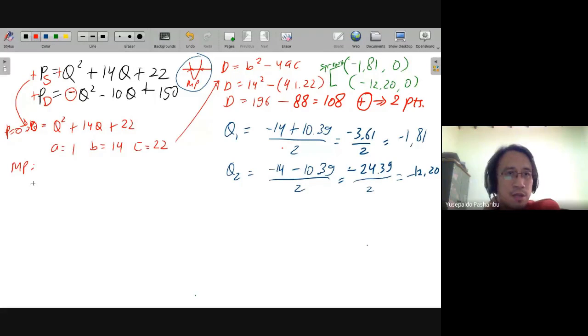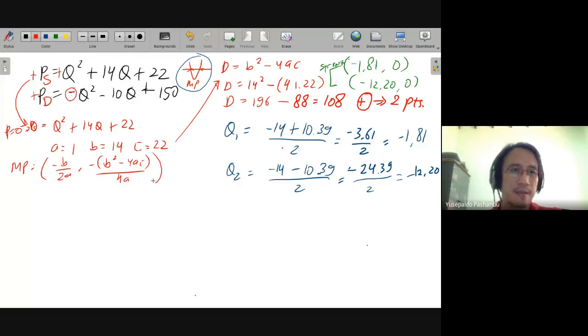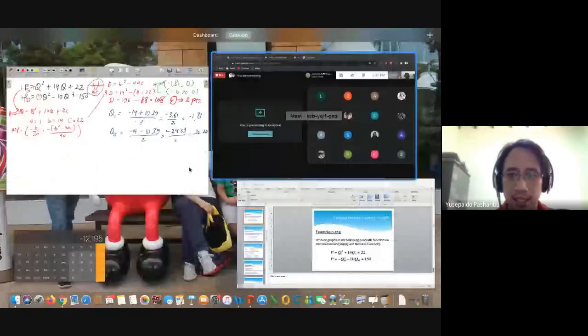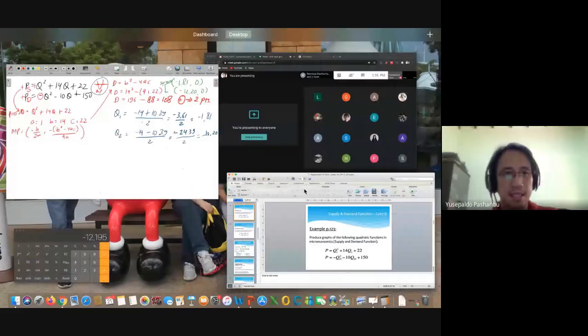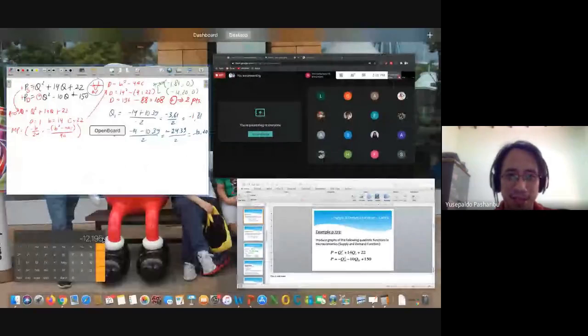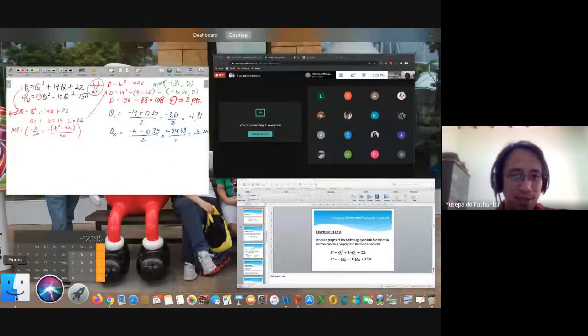It equals minus b, because this is vertical, b squared minus 4ac over 4a. Just write it as a coordinate. This is the formula, right? Is it the formula?